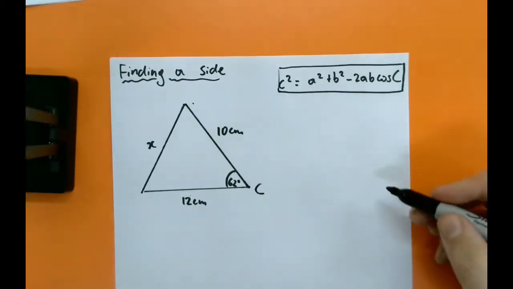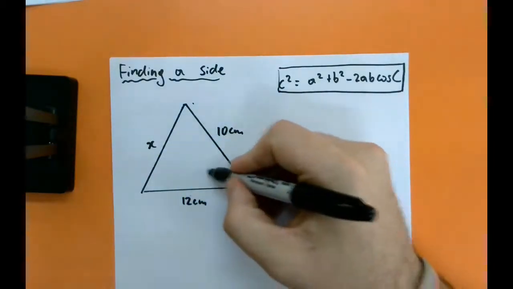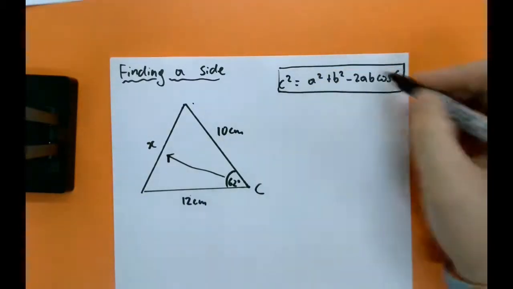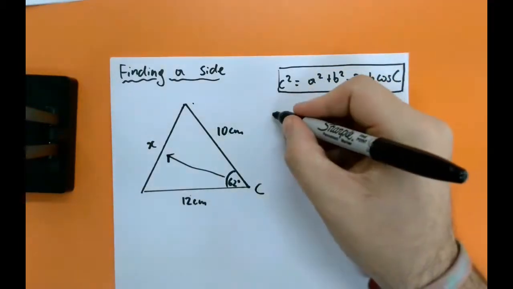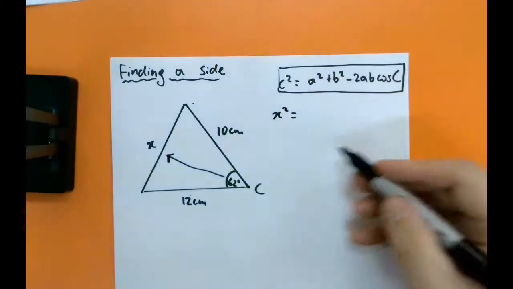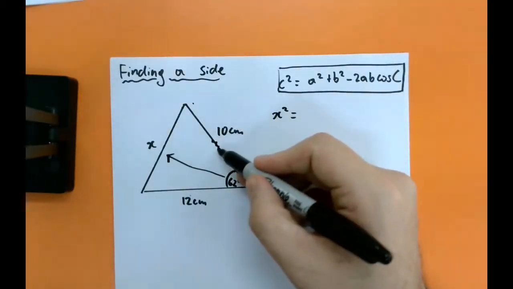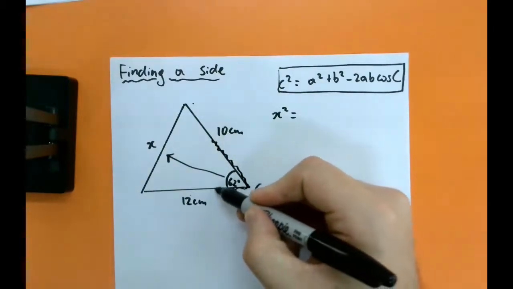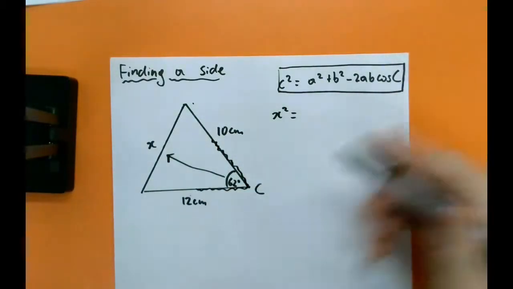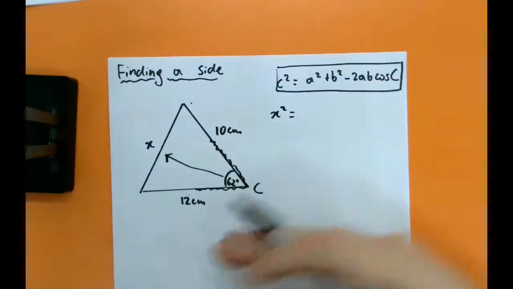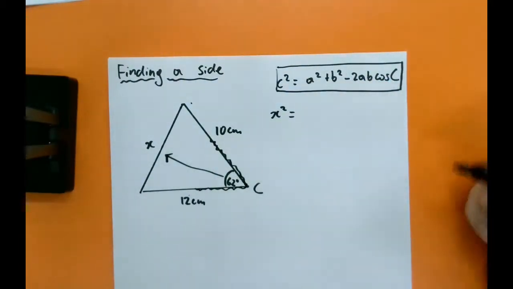Now the side we're trying to find is opposite that angle. You'll notice we're trying to find x here. So using this formula, we're going to start to put things in place. We have x squared is equal to a squared plus b squared. Well, a and b are just the sides around the angle that you're using, either side. So this is the included angle, and a and b are just the sides on either side of that angle.